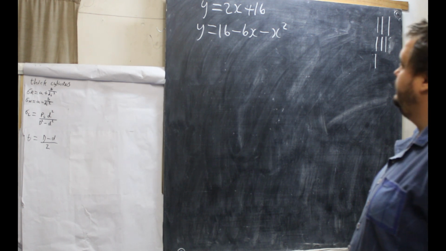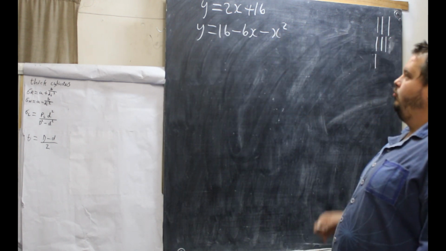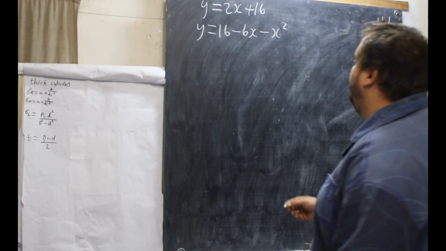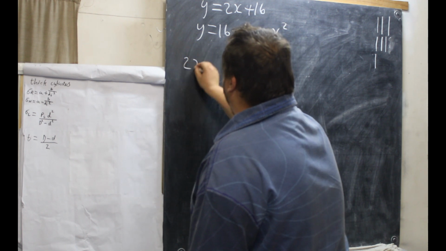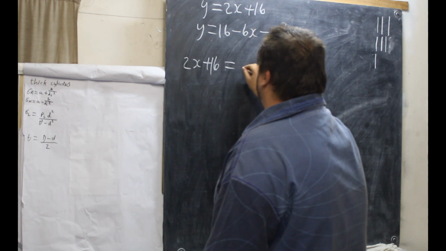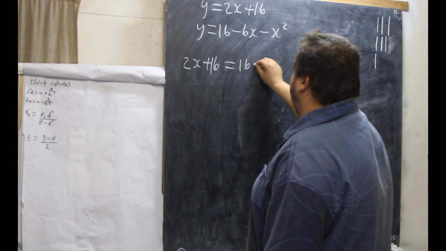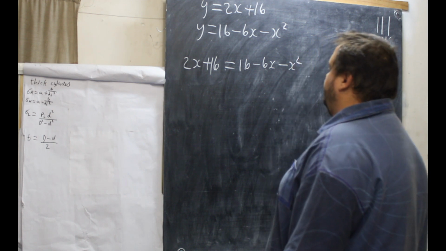So, first things first, y is equal to each of these, so the one will equal the other. So, we'll say 2x plus 16 equals 16 minus 6x minus x squared.